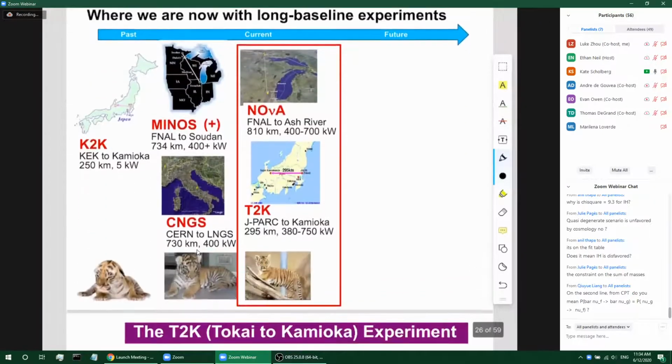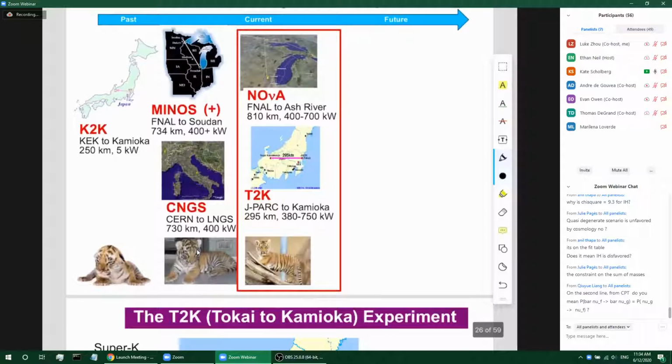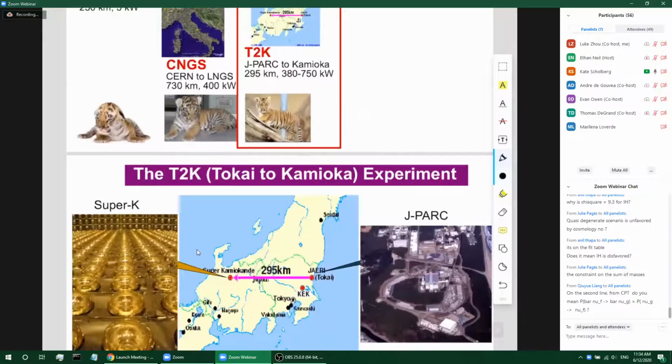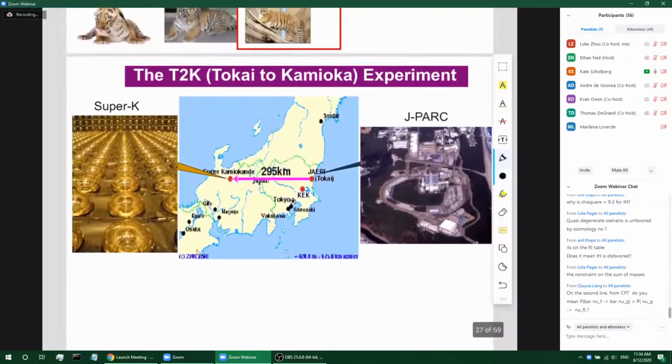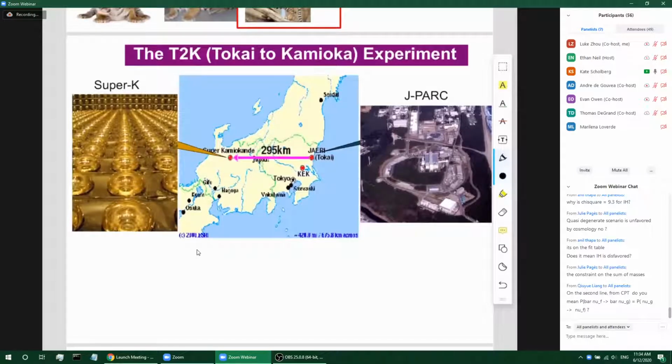We are now in an era of our current generation of experiments. This current generation has made strides in playing this game. Let me just pause to say a little bit more about it. I won't say too much more, but there's T2K, which is 300 kilometers.